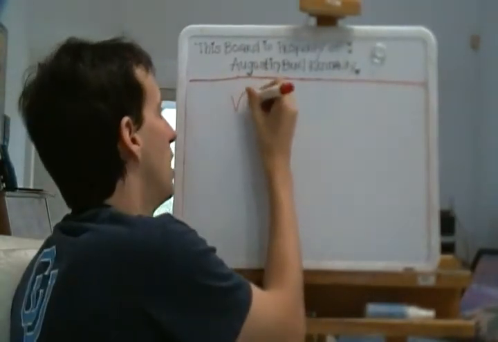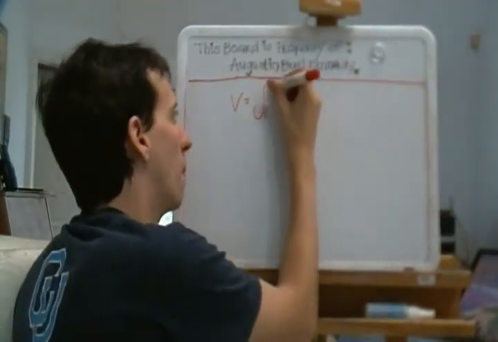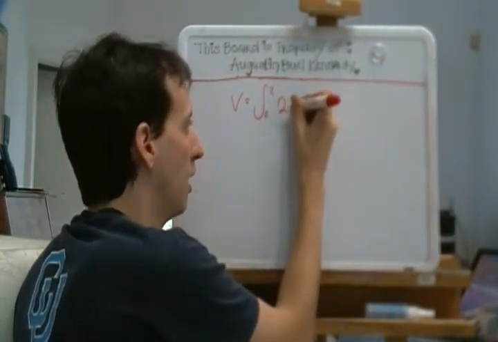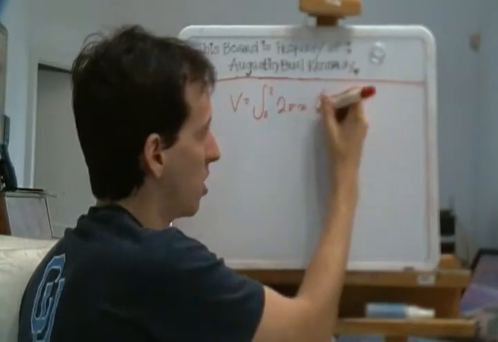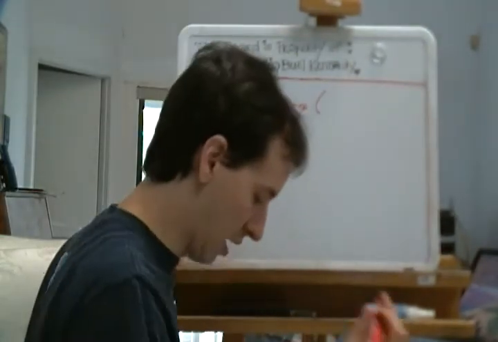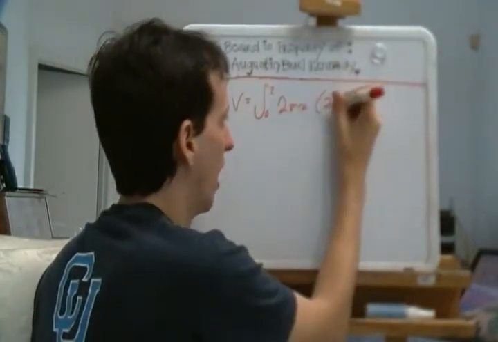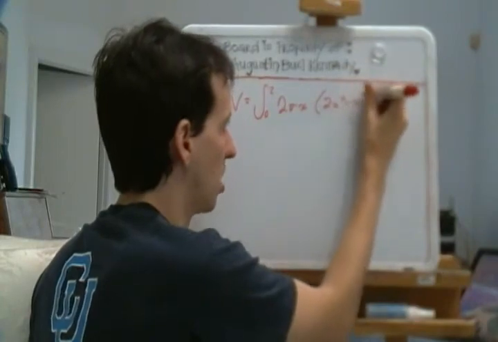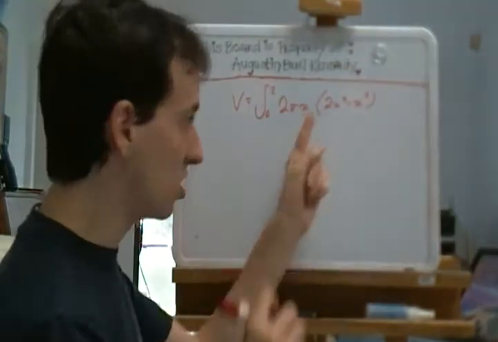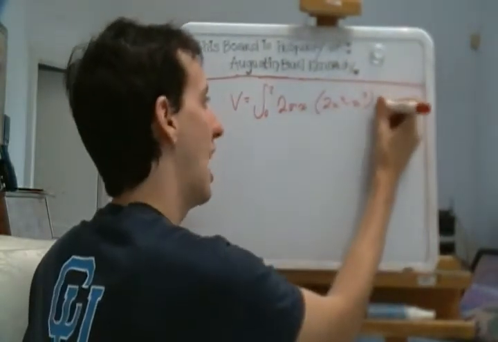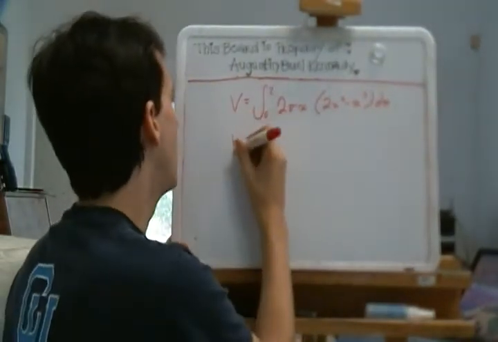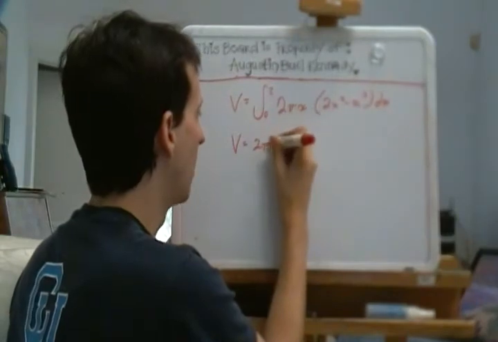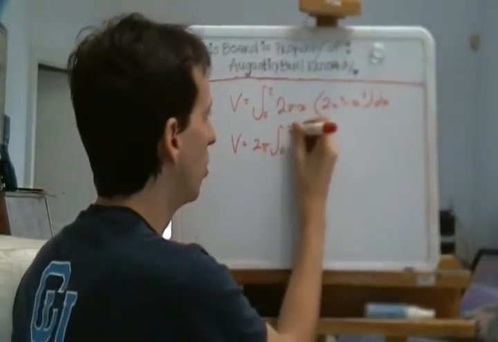So volume equals the integral from 0 to 2 of 2 pi x times f of x. Well, f of x was just 2x squared minus x cubed. And x is the variable we're using, so it's dx. Great. Now, V equals 2 pi, integral from 0 to 2.